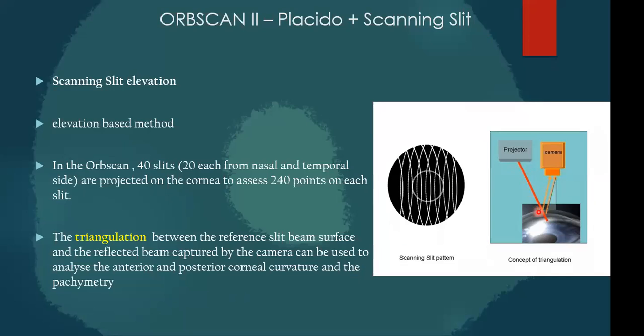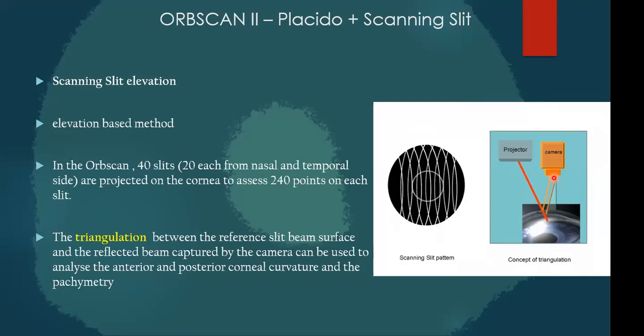And this triangulation between the reference and the reflected beam captured by the camera can be used to analyze the anterior and posterior corneal curvature and the pachymetry. So it is important to remember one thing with the OrbScan: it does not give a true analysis of the posterior surface, but it calculates the pachymetry.